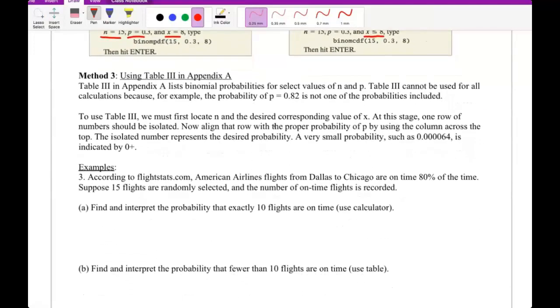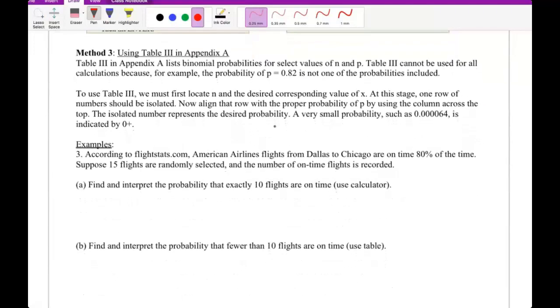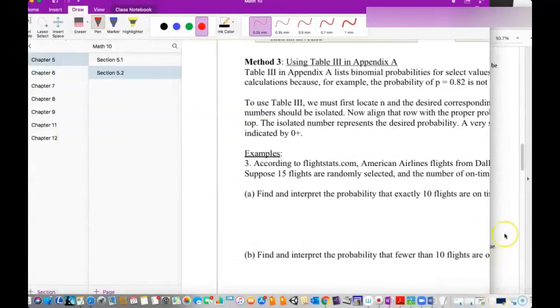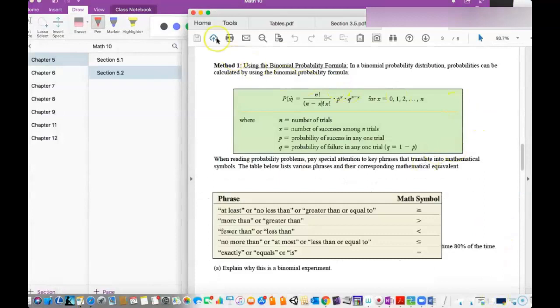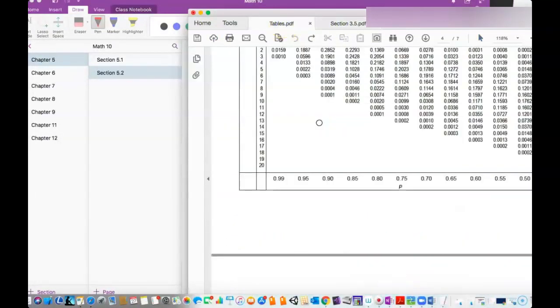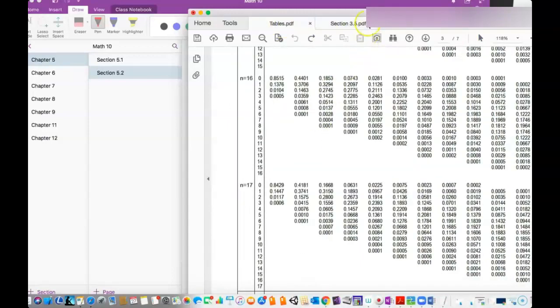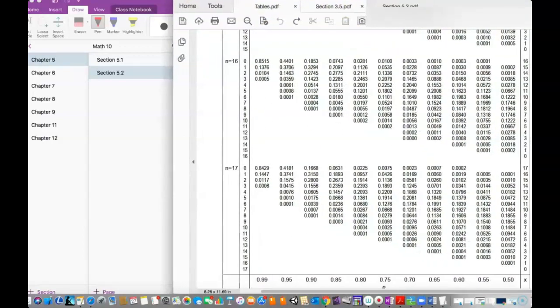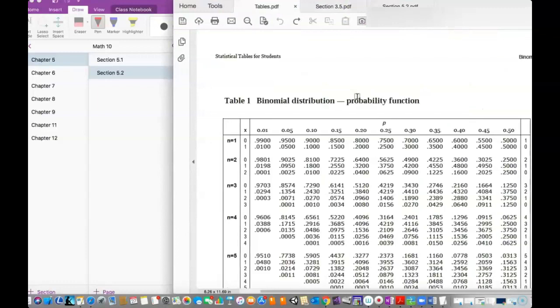Okay, now a working example. After this is method 3, which is using a table. So let me show you a table. I posted this on Canvas. We have this table here on top.